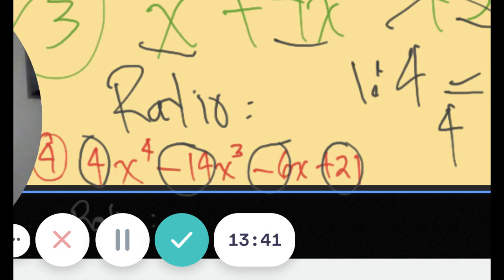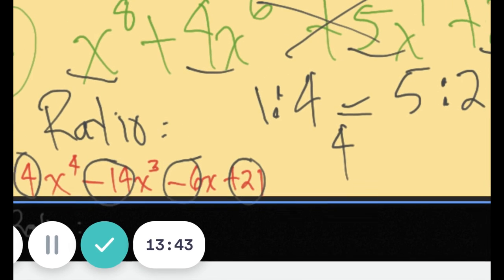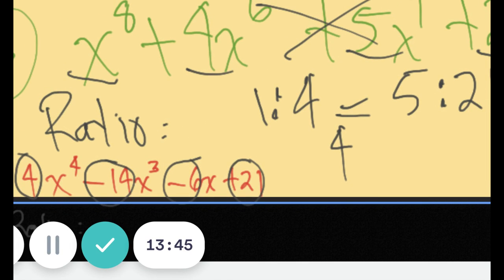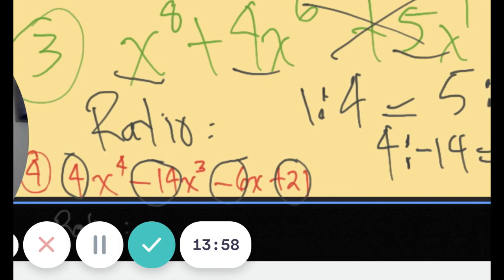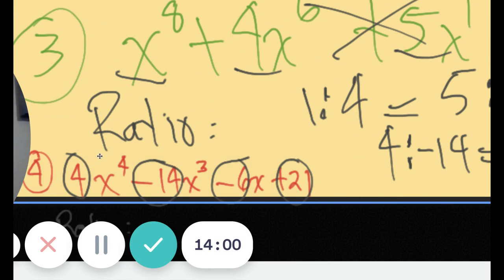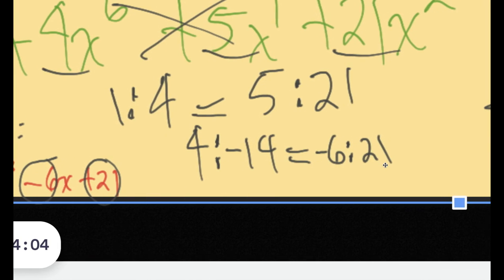Well, let's see if those are equivalent ratios. So 4 to negative 14. And does that equal negative 6 to 21? Okay, I'm going to check and see, is that true? So the coefficients, 4, negative 14, negative 6, and positive 21. So what I need to do is, again, check and see if that's the same ratio.